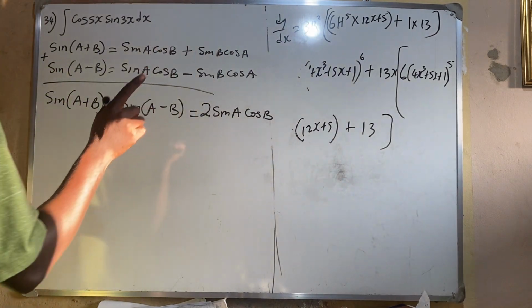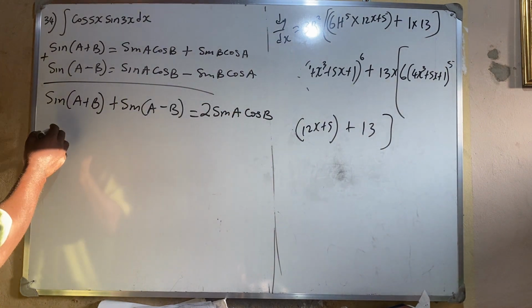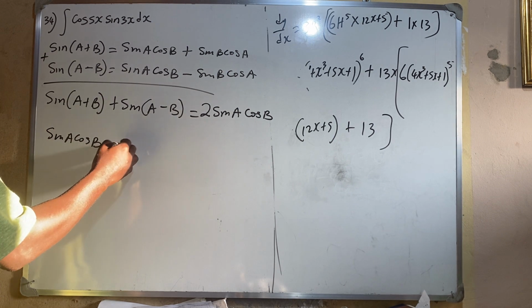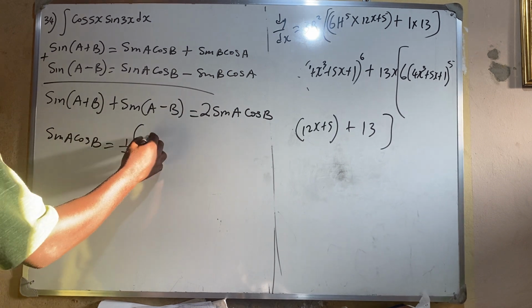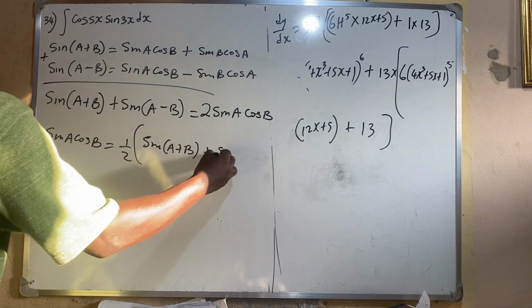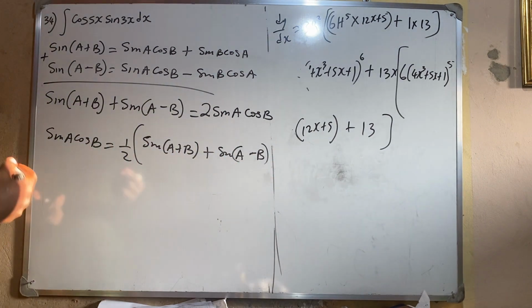This and this is gone. So if you leave this to stay on its own, sin a cos b is equal to 1 over 2 in bracket of sin a plus b plus sin a minus b. So that is that.